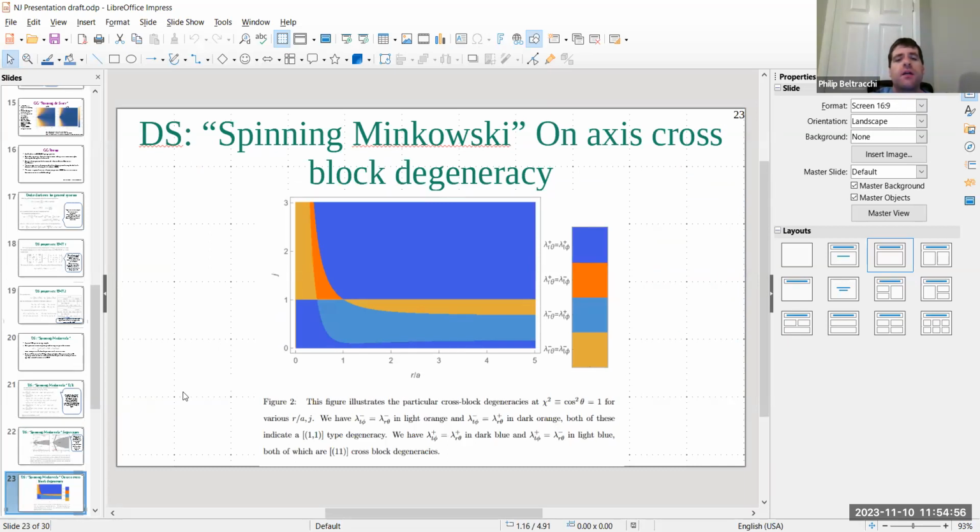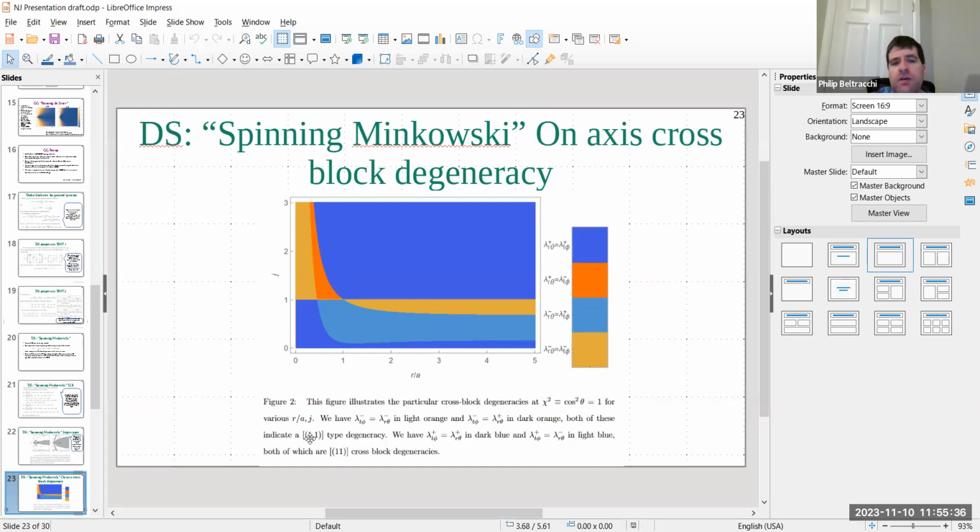So our density eigenvalue is actually lambda t phi minus, our density-like eigenvalue. When r theta plus is equal to t phi minus, that's in dark orange, and r theta minus equal to t phi minus, that's in light orange.